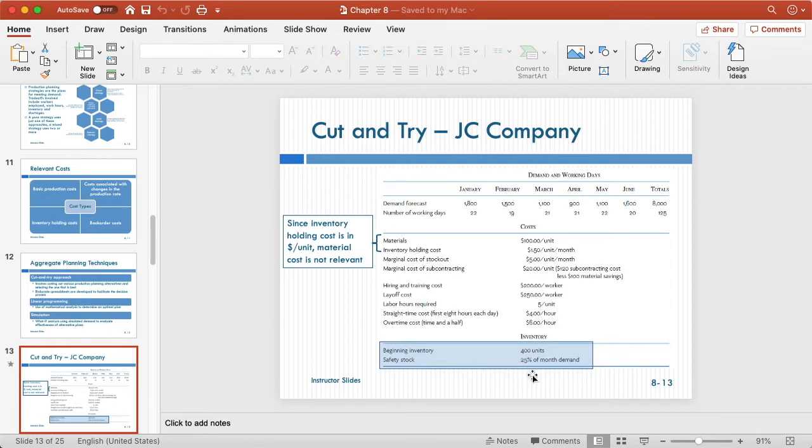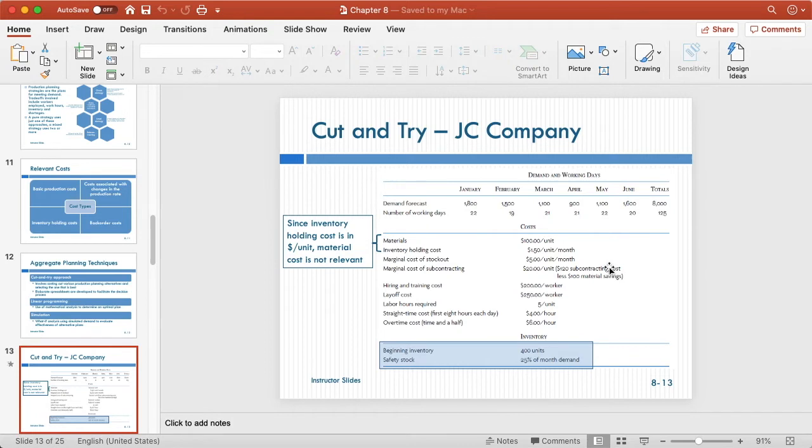Here we tell you that the safety stock for every month is 25% of the month's demand. For example, for January the safety stock would be 25% times 1,800, which is 450. Of course, for February it would be different because the demand forecast would be different.